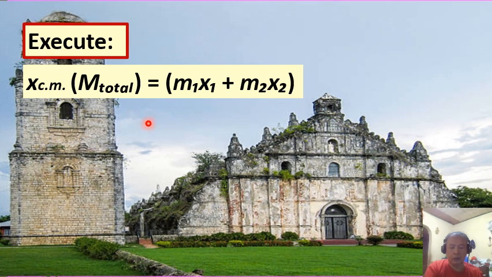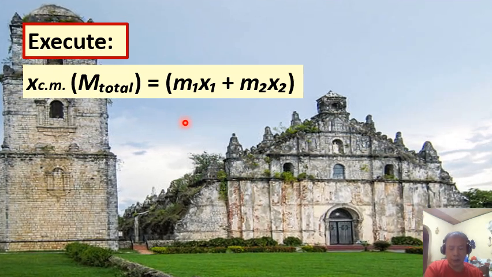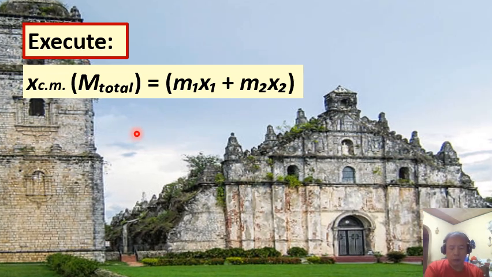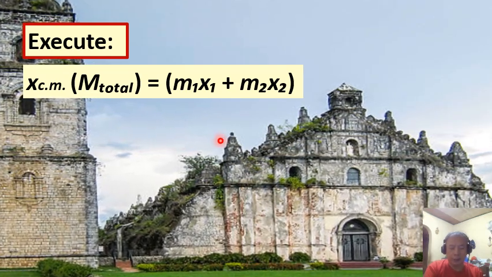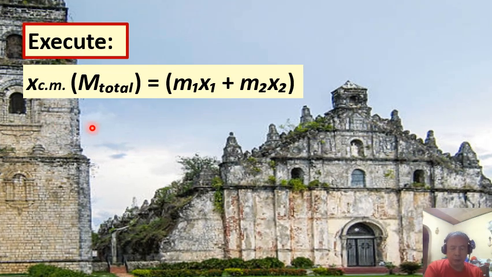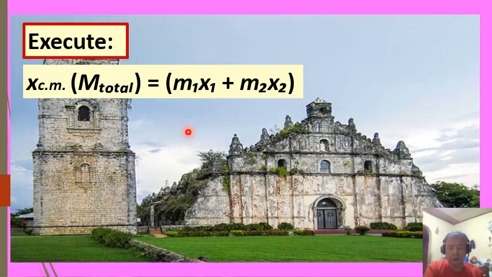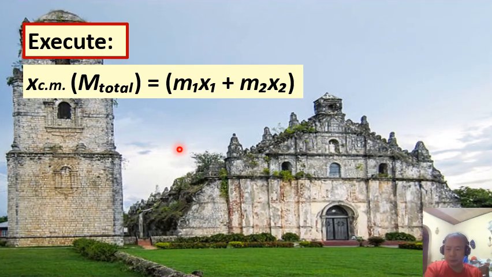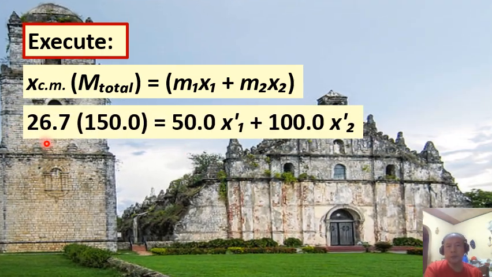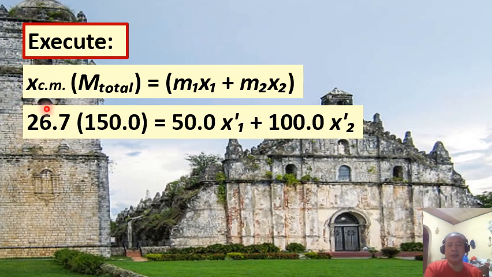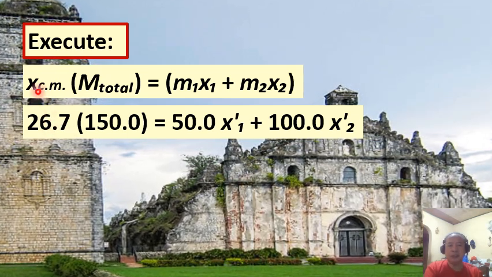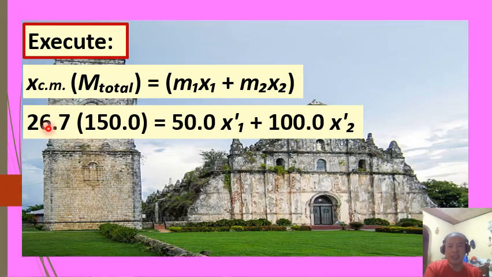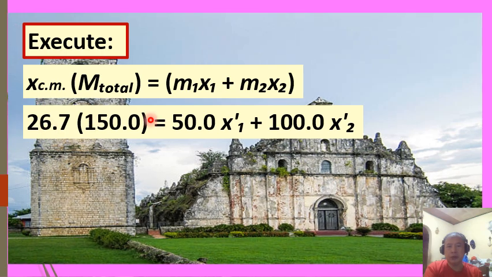We said that when the spheres collide with each other, the center of mass will be in the same place. So we once again apply the general formula for determining the center of mass in order to find x prime 1 and x prime 2. That is 26.7 meters. This is the center of mass of the system at the start, which remains the same even during the collision.